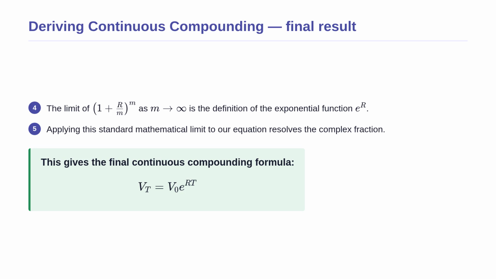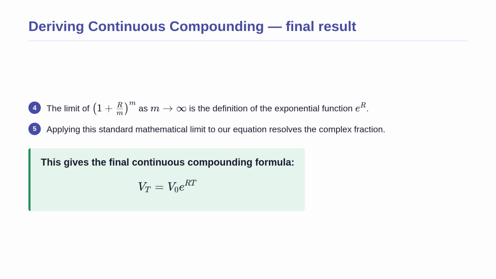Let us conclude this derivation and see the final result. As the number of compounding periods m approaches infinity, the complex expression inside the limit resolves to a very famous mathematical constant. The limit of 1 plus r over m, all raised to the power of m, is the exact mathematical definition of Euler's number, e, raised to the power of r.